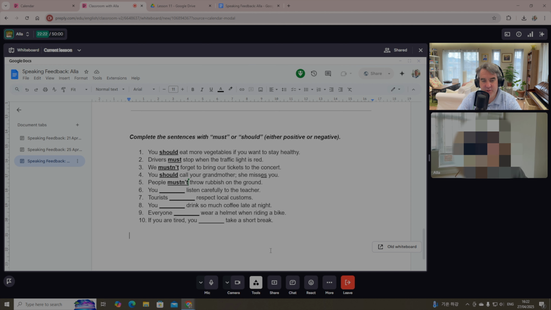So you mustn't throw rubbish on the ground. But I think both are correct. People shouldn't throw rubbish on the ground. I suppose it depends whether your focus is on the people and the action, and then it would be they shouldn't throw rubbish on the ground. If it's on the rule, then mustn't, and so both kind of work.